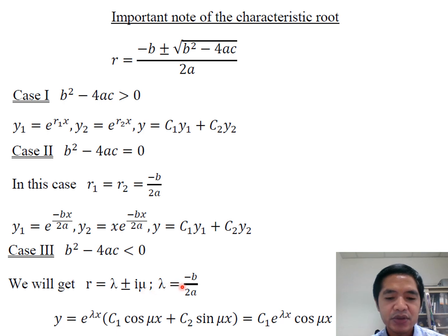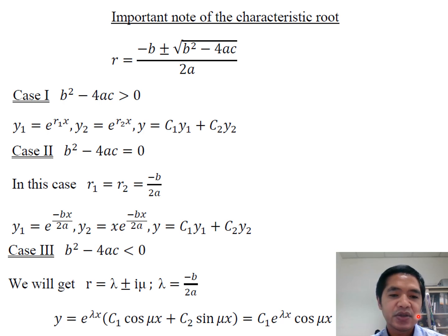Lambda is equal to minus b over 2a, and the general solution is going to be e to the lambda x times c1 cos mu x plus c2 sin mu x, or it's the same, c1 e to the lambda x cos mu x plus c2 e to the lambda x sin mu x.